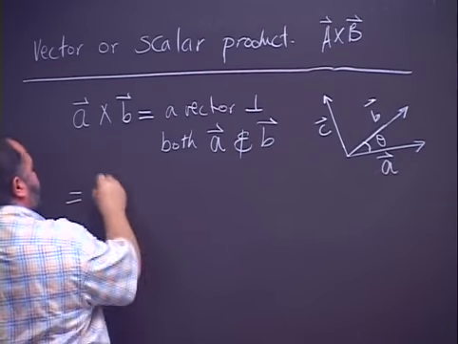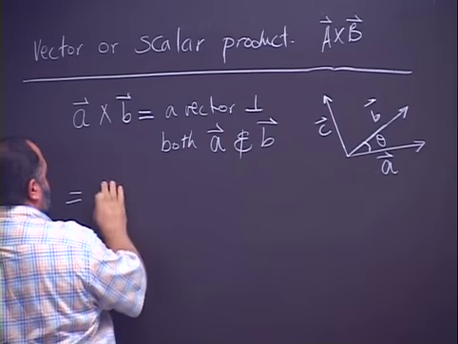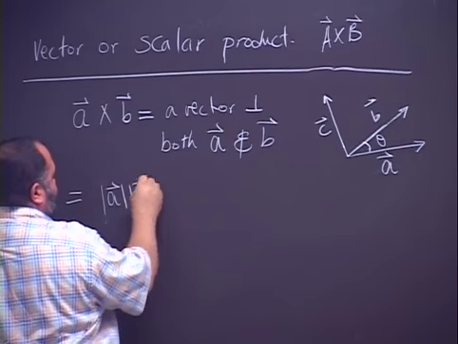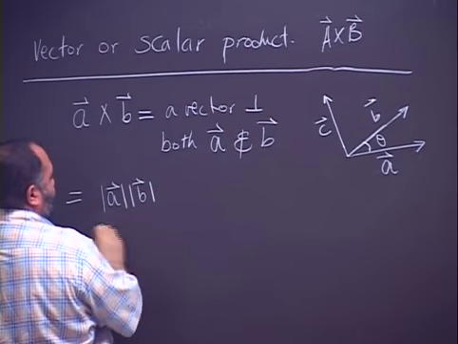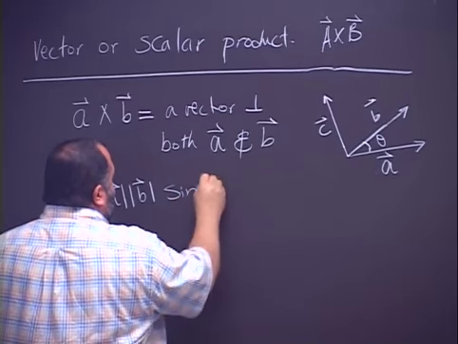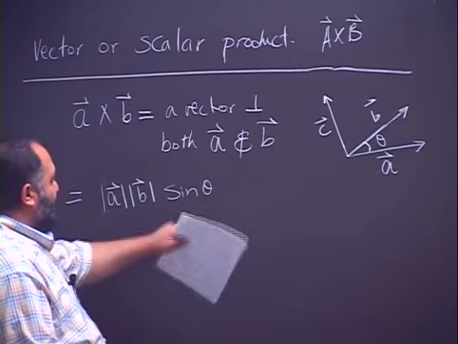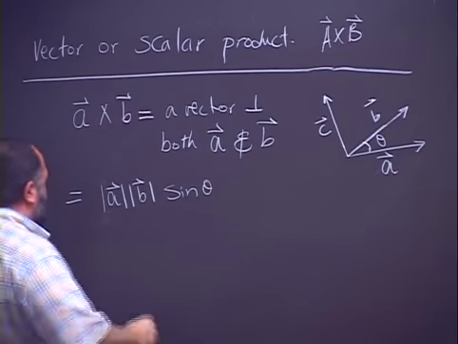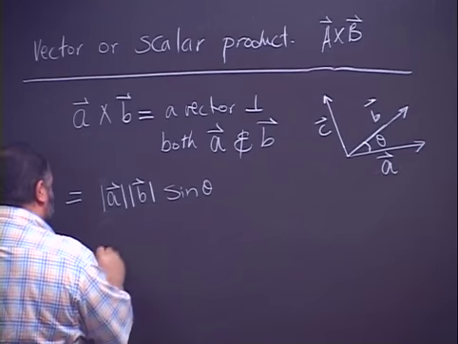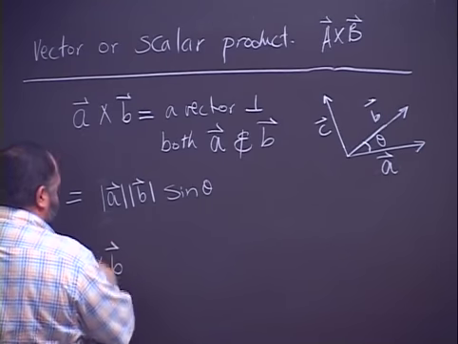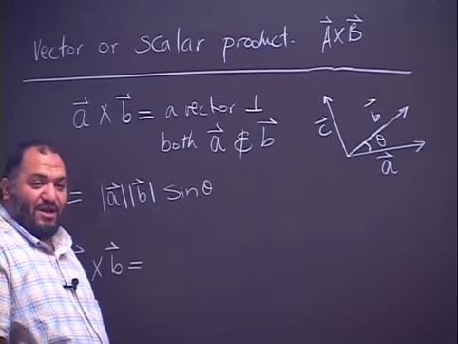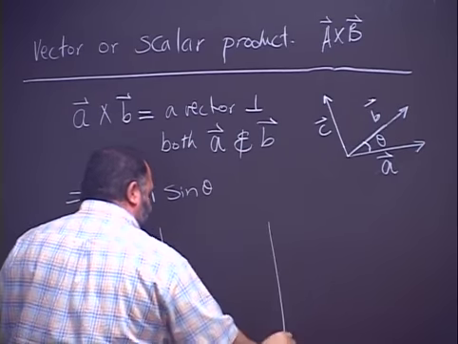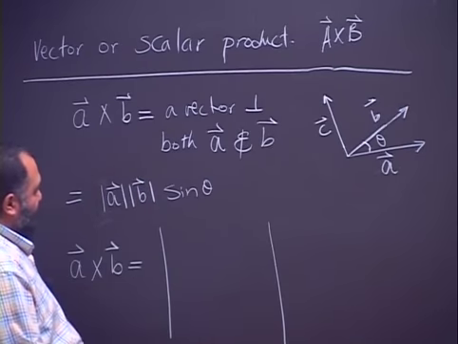It is the absolute value or the amplitude of vector A multiplied by the amplitude of vector B multiplied by the sine of theta, the angle between A and B. Also it can be written as A cross B in a matrix format, and this is what we'll be studying in the next chapter for matrix algebra.